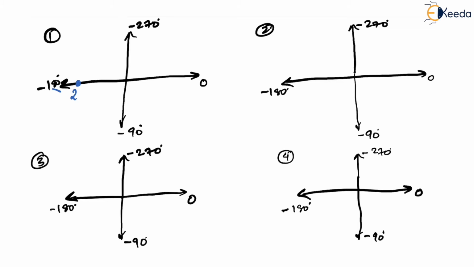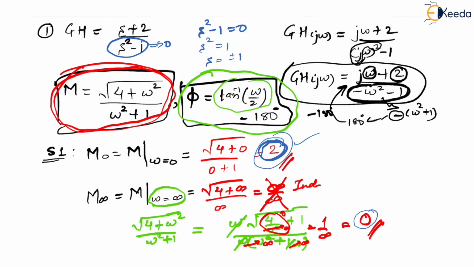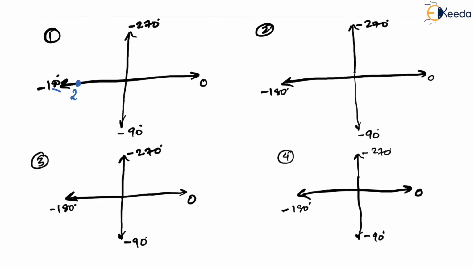Is that correct? Yes. Now, what is the ending? Ending is at magnitude 0. What about angle? Angle is minus 90 degrees. So 0 at angle minus 90 degrees is nothing but 0 only. This center. I hope it is visible, right?